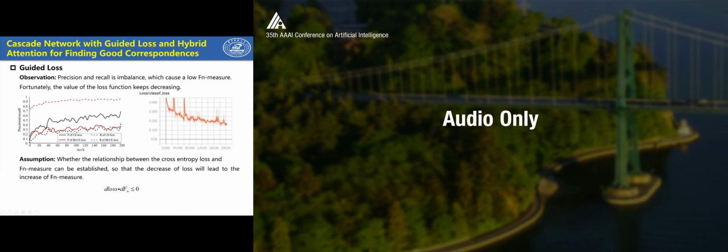Let's look at the curve of the recorded loss function. Fortunately, loss has been falling during training. However, there is no guarantee that a drop in the loss will result in a decrease of FM error. Therefore, the network may not be trained towards the direction of optimizing FM error.